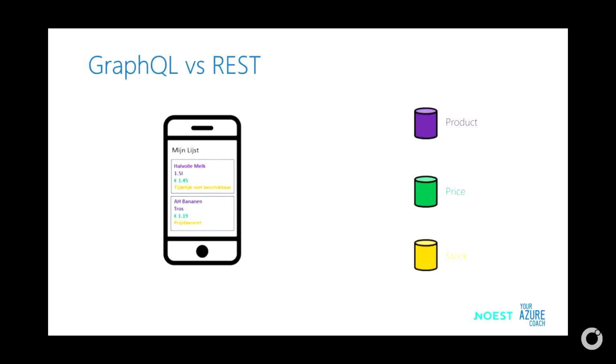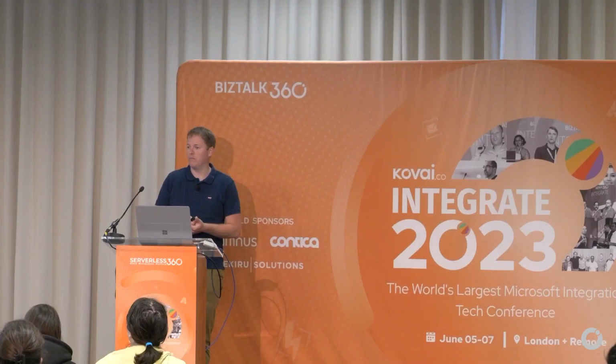So a little comparison between GraphQL and REST. I found this animation on the internet, which is pretty cool. Imagine that you need to create a shopping basket, and you have a product database or API, a price API, and then also one for the stock. With REST, typically, the client needs to do all the orchestration.